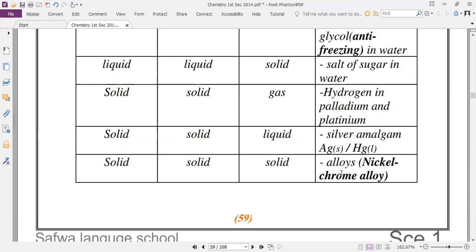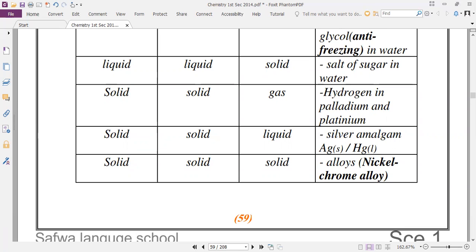Solid in solid, as alloys: nickel chrome alloy, copper gold alloy, stainless steel alloy. All these are called alloys that consist of solid mixture, so they are also called solutions.